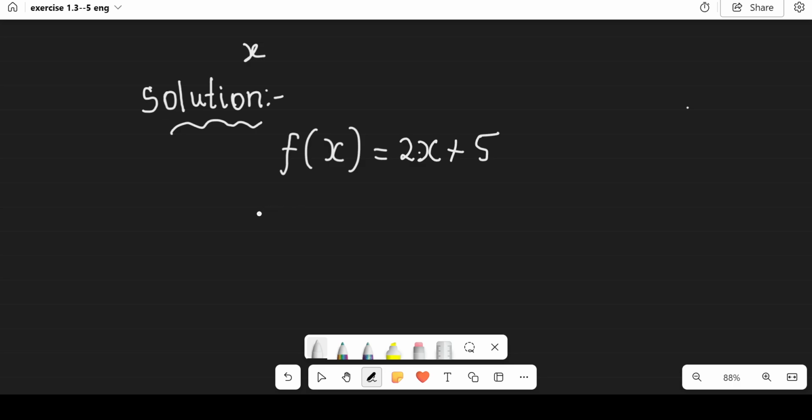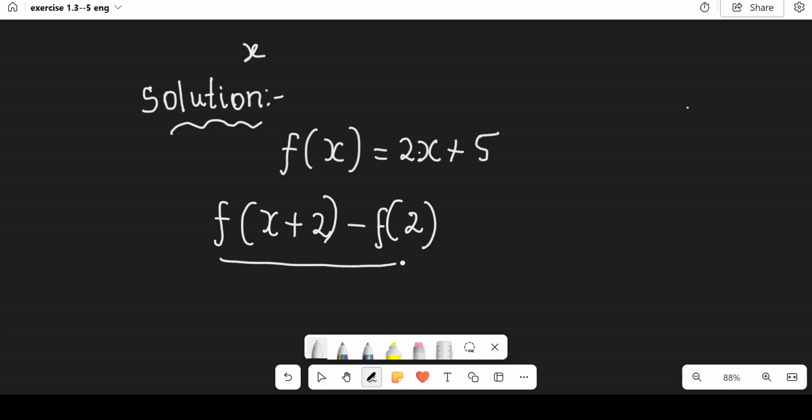Here, what we need to find out in the question is f of x plus 2 minus f of 2 divided by x.